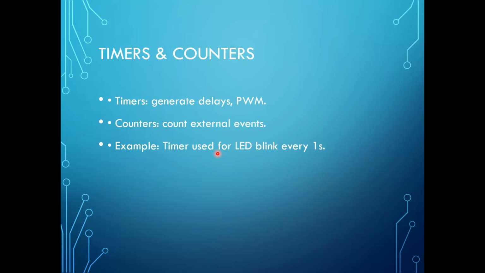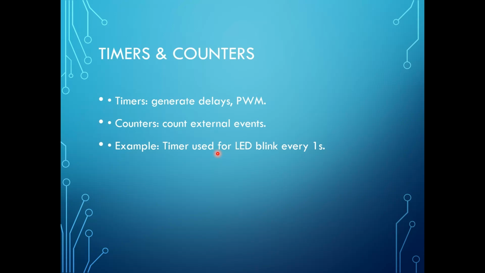What are timers and counters? Timers generate delays or signals. Counters count external events. For example, a timer makes an LED blink every 1 second. If you want to switch on the LED after 10 seconds, you will use the timer.